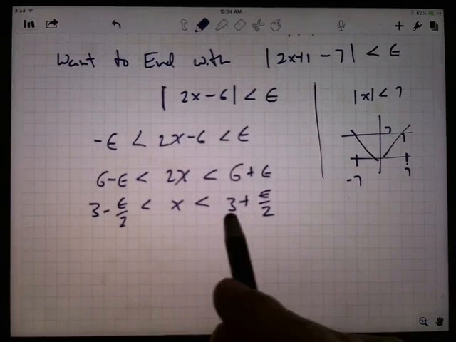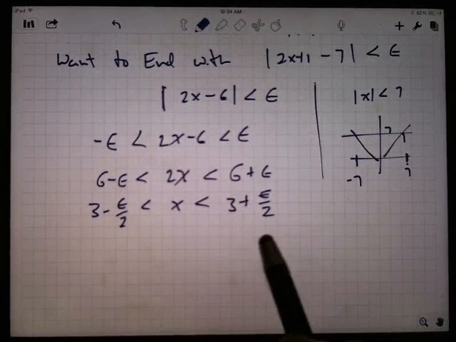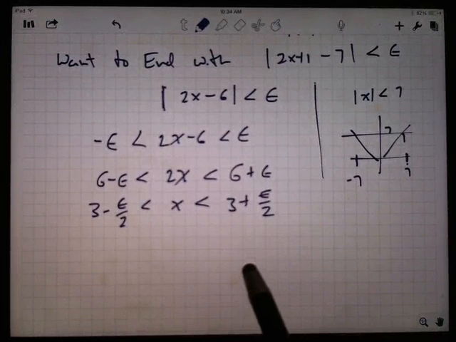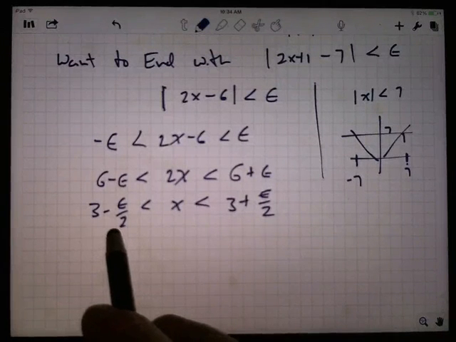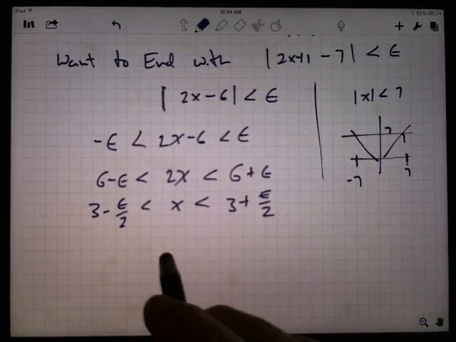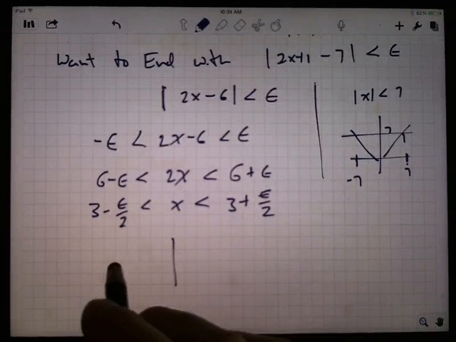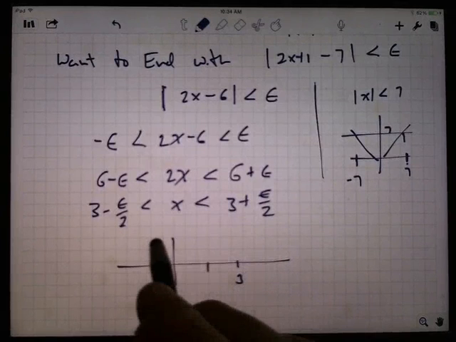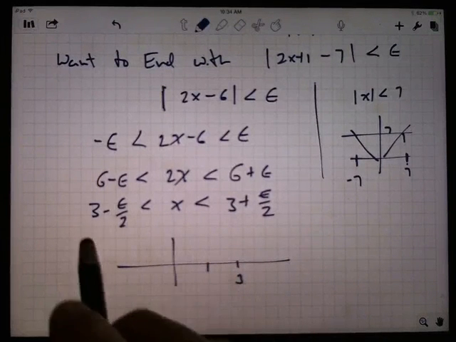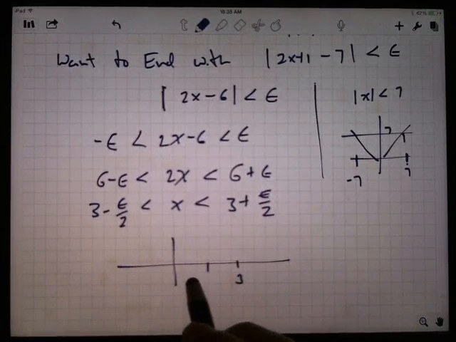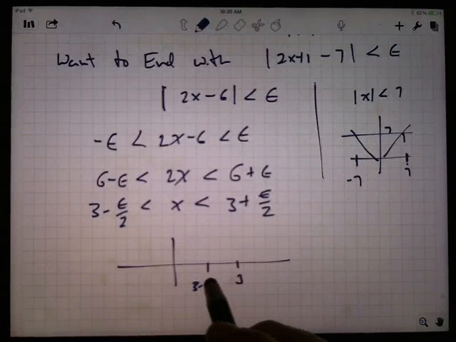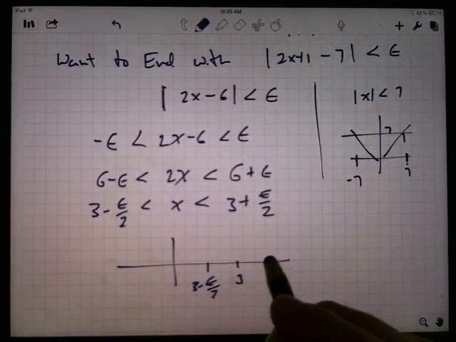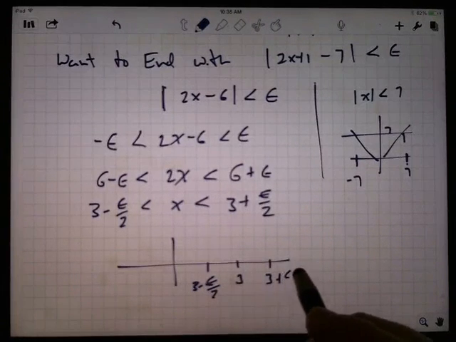This is really nice, because before, when you gave me a particular epsilon, I'd find the lowest x and the highest x I'm interested in. Because this is a straight line, something really nice happened. Here's 3. The x's that are good are from 3 minus epsilon over 2 up to 3 plus epsilon over 2.